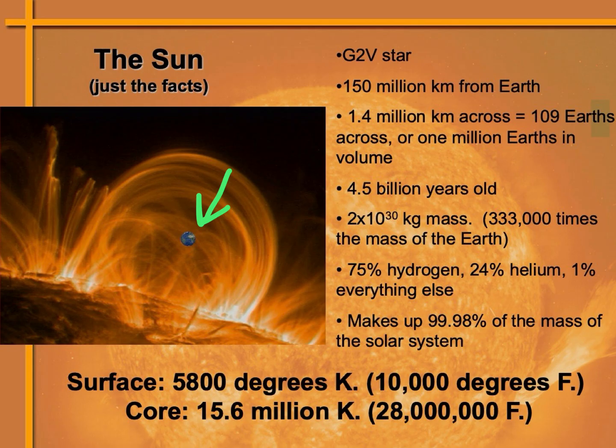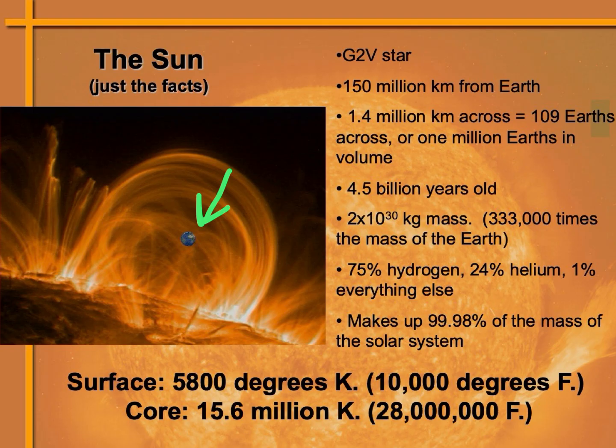It is massive. It is made up almost entirely of hydrogen and helium, the 2 lightest elements on the periodic table. The surface temperature of the Sun is almost 6,000 degrees Kelvin, but at its core, the temperature soars to over 15 million.